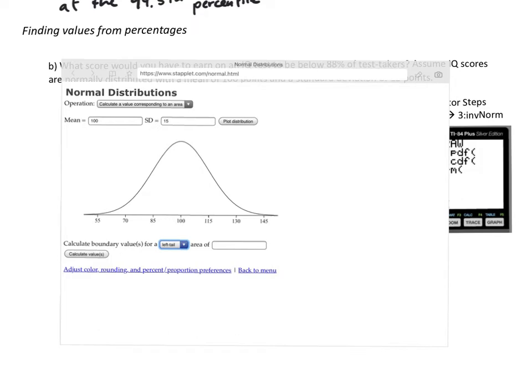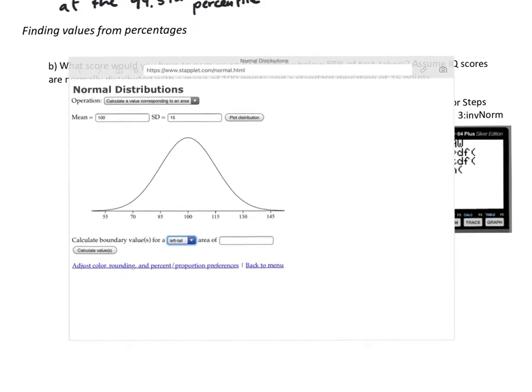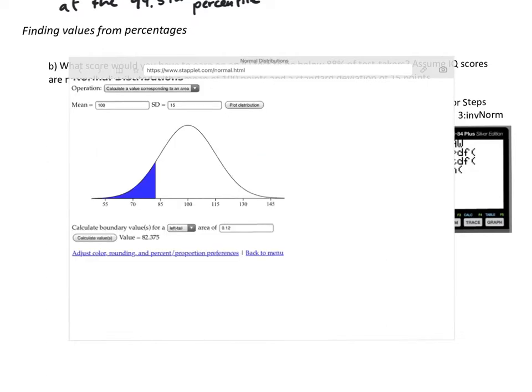This is the nice thing about the Statplet app: you can choose what side you want to find. Let's say we choose the left. Then we're looking at 0.12, and calculate. That gives us 82.3, but round to the nearest whole number. You need to get an 82 on the IQ test to get below 88%.